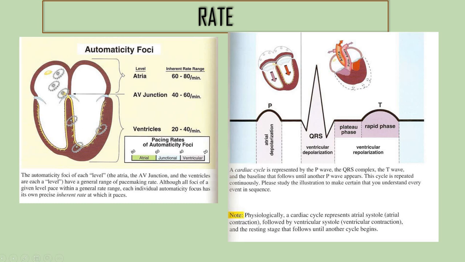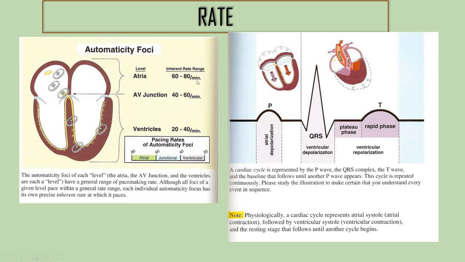Automaticity foci levels: atrial level, AV junctional level, and ventricular level. The automaticity foci of each level have a general range of pacemaking rates.